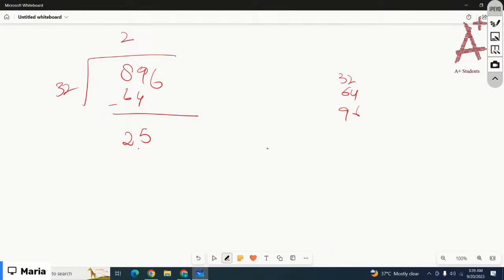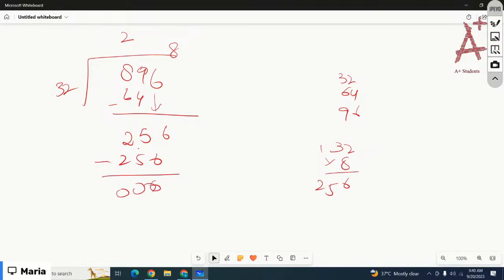You cannot divide 32 by 26. You have to bring 8 down. Yes, 32 times 8, 8 times 2 is 16. 32 times 8 is very good. The correct option is 28, right?